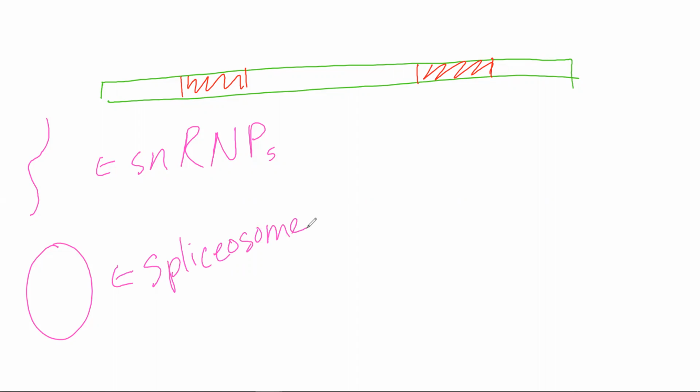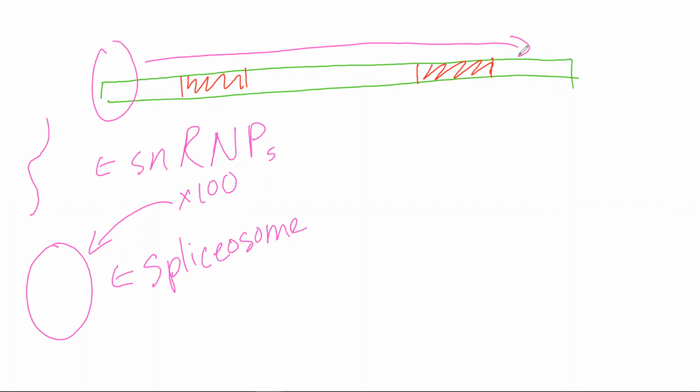It's a series of a bunch of these, right? So just like times 100. It's a bunch of SNRNPs which combine together to form a spliceosome, and that spliceosome is what hops on the pre-mRNA, goes through it, and cuts out all the introns. So your spliceosome will start here, it'll just go through it, it'll cut out all the introns.